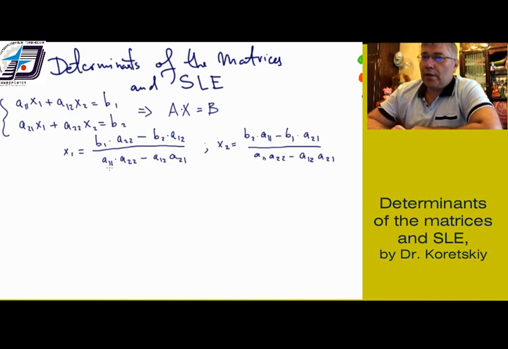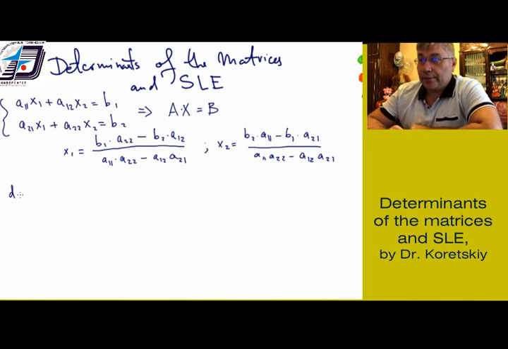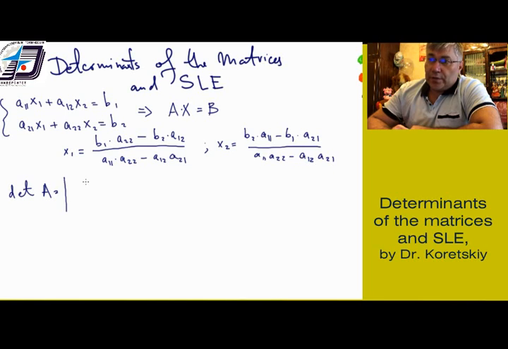We agreed that the denominator, a11 times a22 minus a12 a21, is the determinant of the matrix A. The denotation of the determinant is vertical bars.